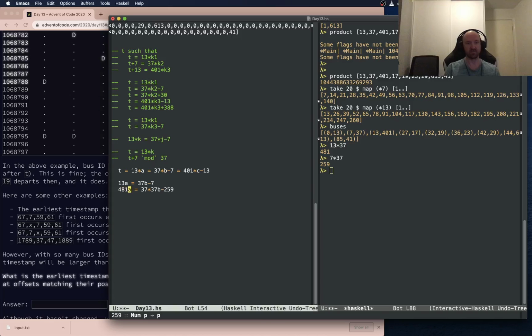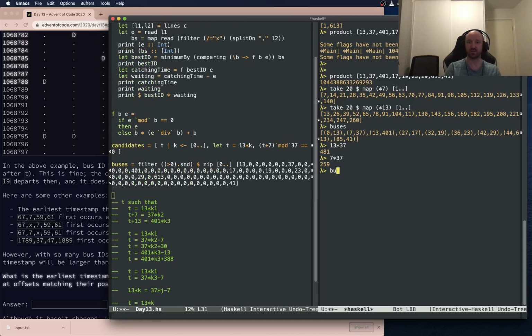What good is that? I don't think this is very useful. I'm sure I'm missing something very critical there. Anyway, back to my buses.